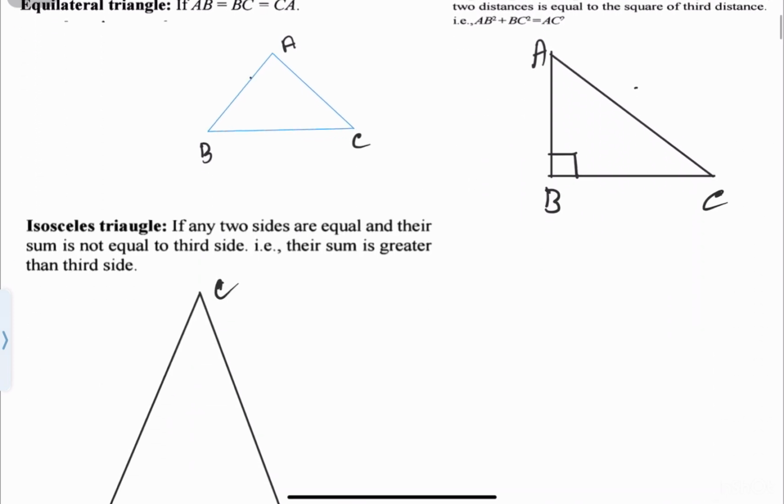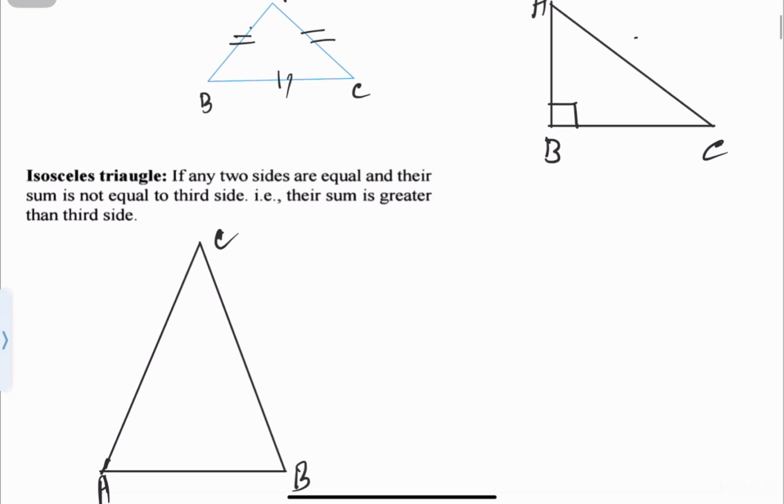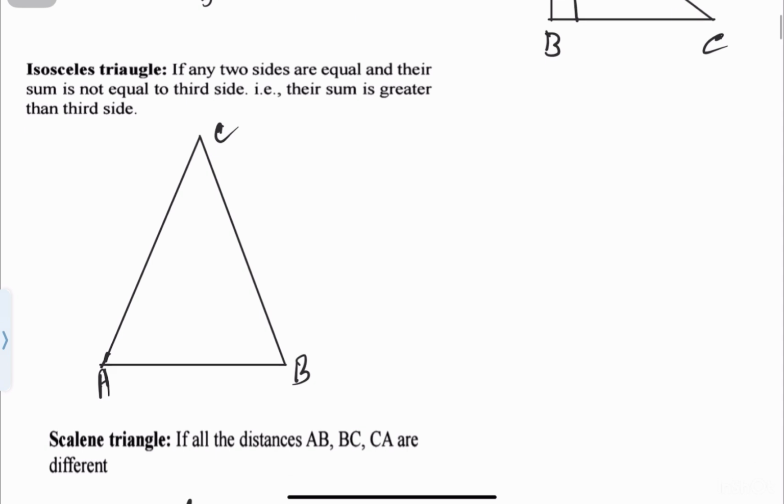Now next, let's review your basic definitions. What is an equilateral triangle? If all sides are equal in length, then I can say it is an equilateral triangle. First condition: AB equal to BC equal to CA. All sides are equal. Clear? Isosceles triangle means two sides are equal.